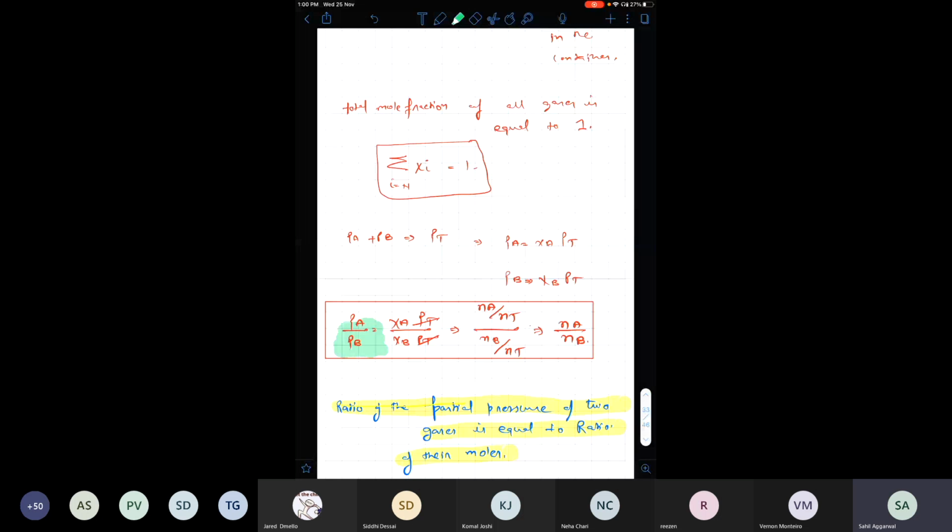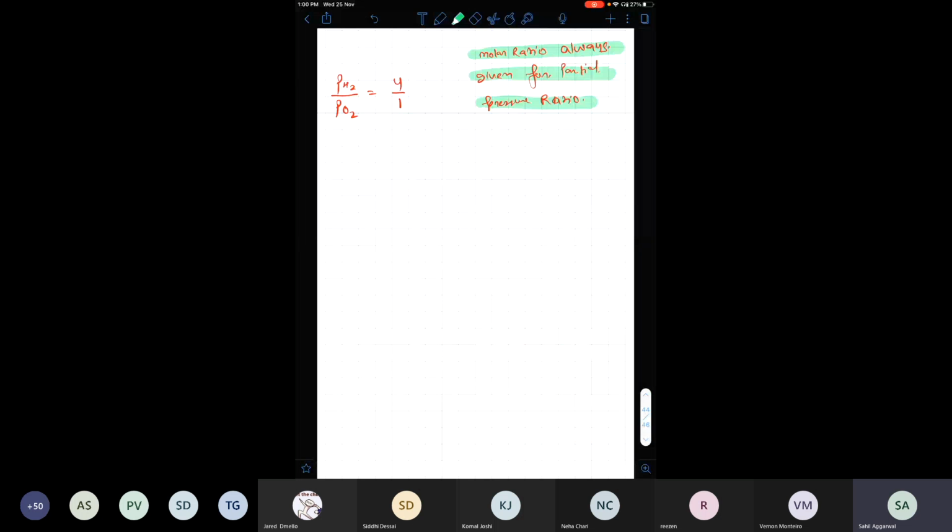Moles are same. I didn't say moles are same. Molar ratio is 4:1. मतलब moles of hydrogen are 4 times the moles of oxygen. Understood?